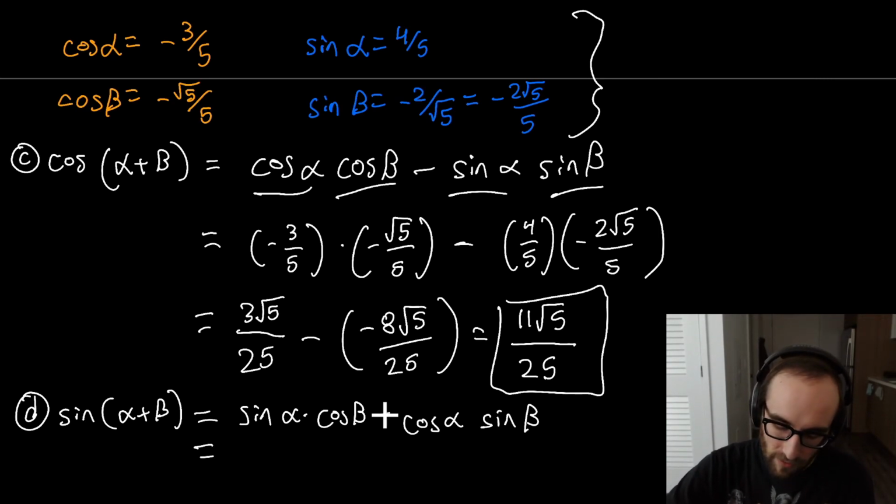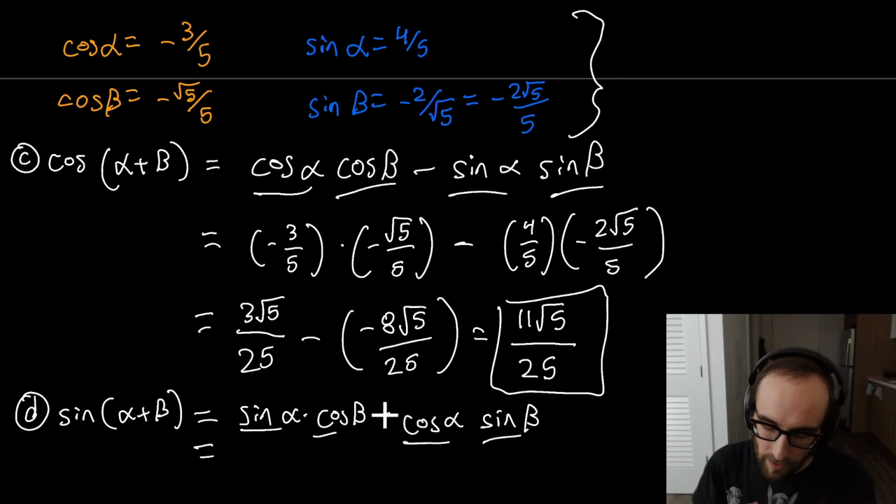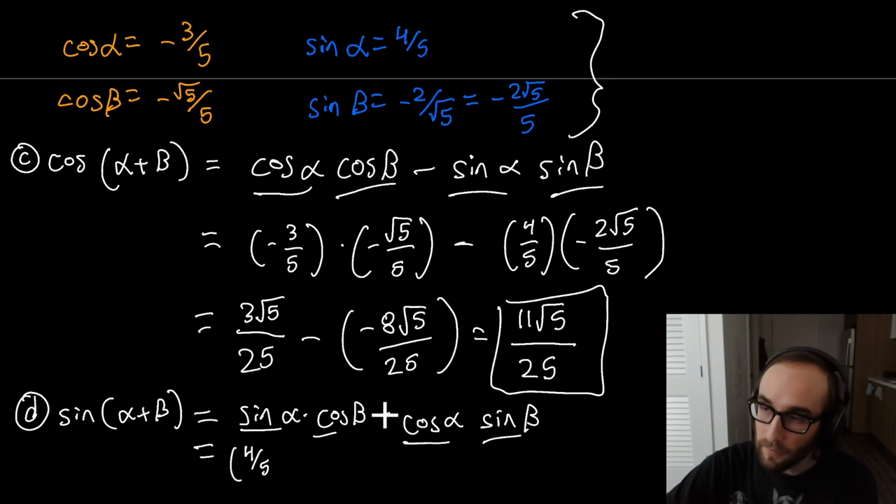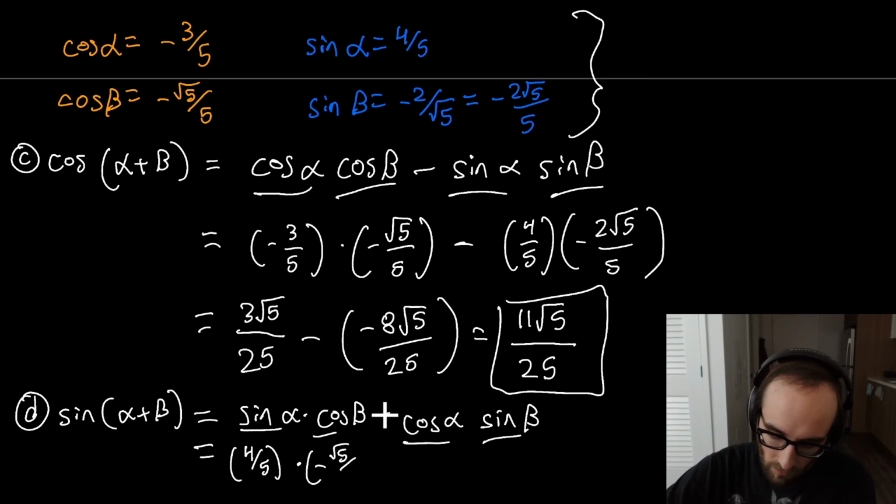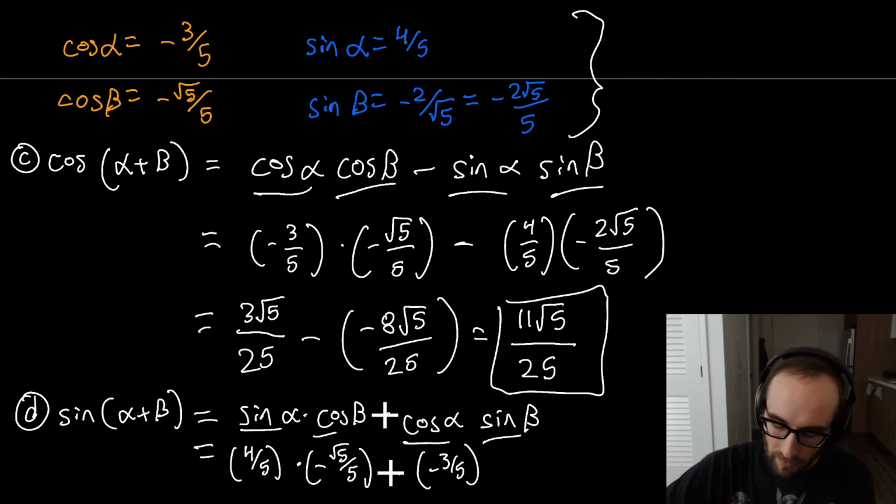And again, we replace these values individually with the values we found above and then simplify from there. Sine of alpha is 4/5. Cosine of beta is negative root 5 over 5. Cosine of alpha we found is negative 3/5. And then sine of beta is negative 2 root 5 over 5.